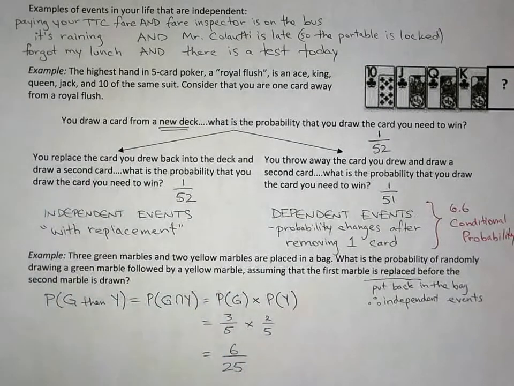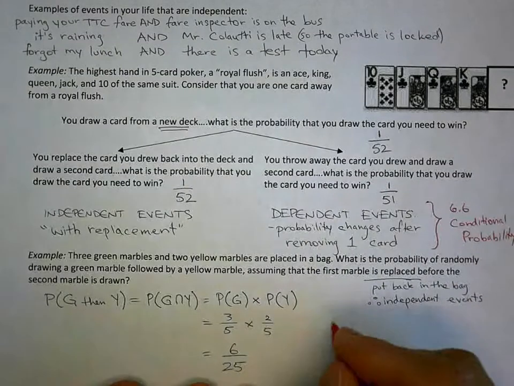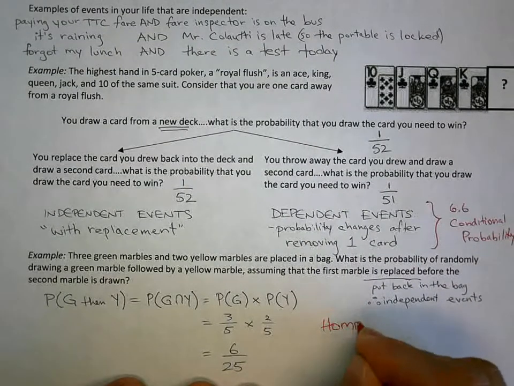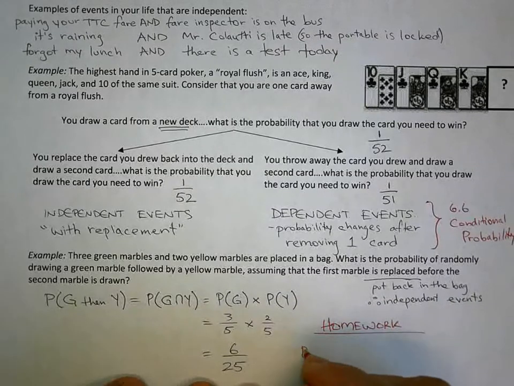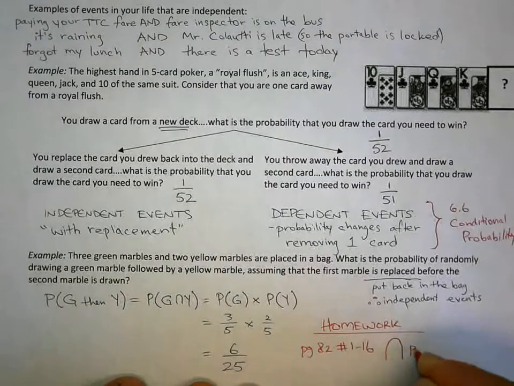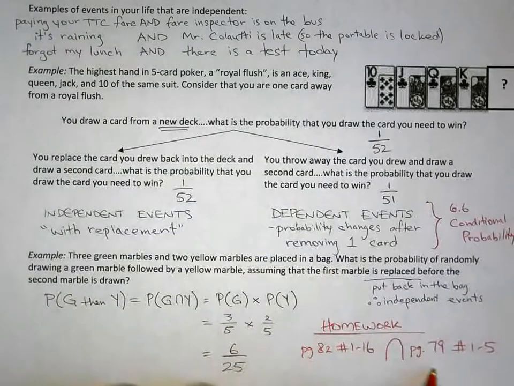The independent events, it's not too complicated a lesson. Like, it is what it is. You just have to multiply the probabilities. So our homework today is page 82, number 1 to 16, and page 79, number 1 to 5. Right? That's the and symbol.